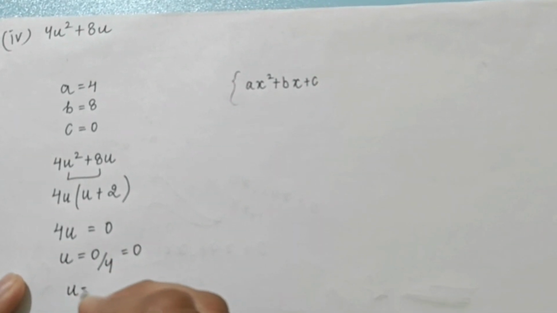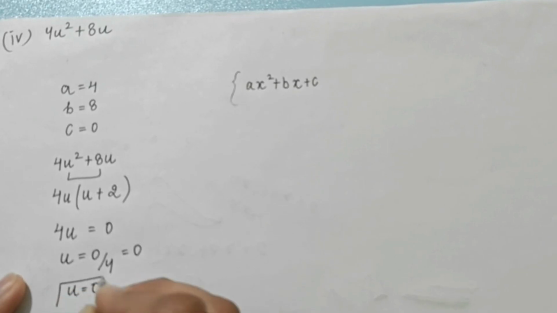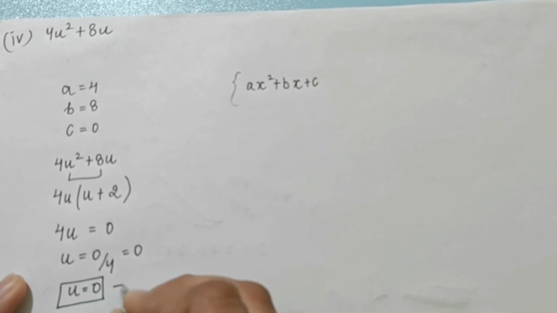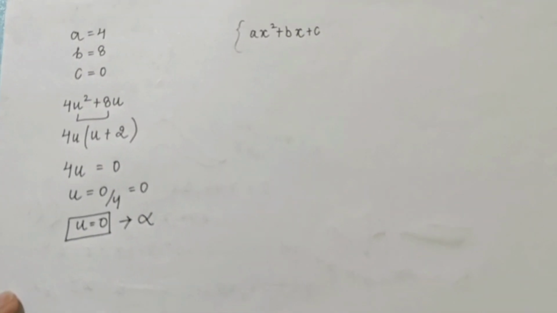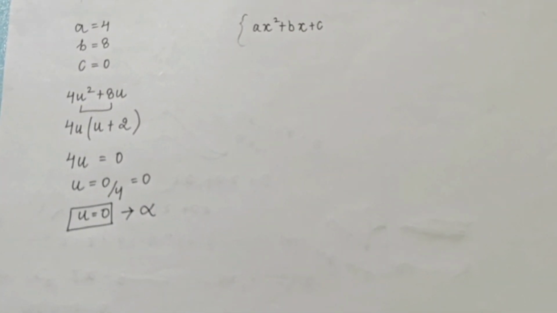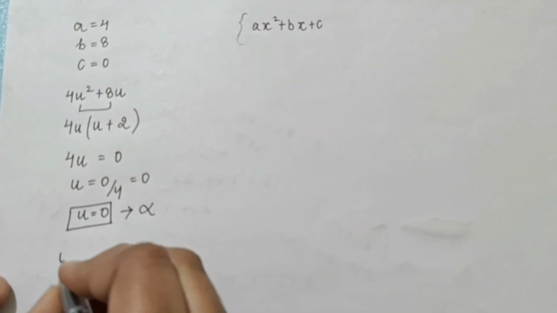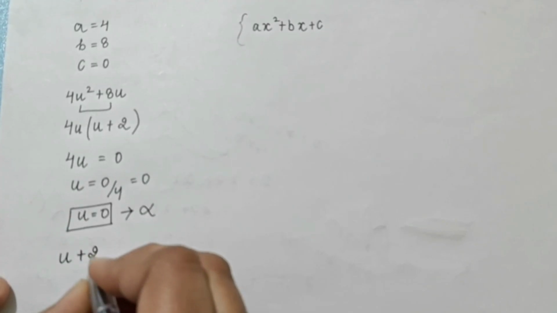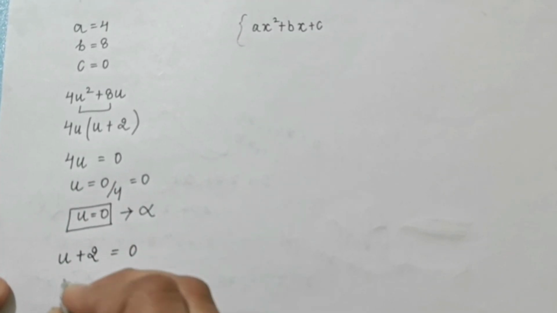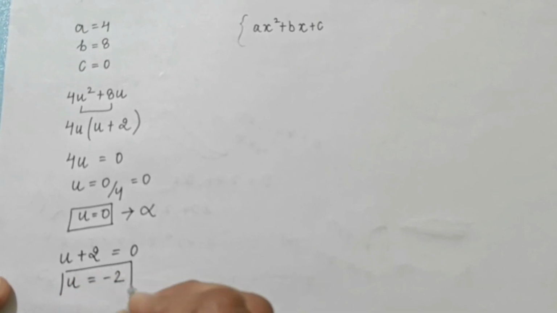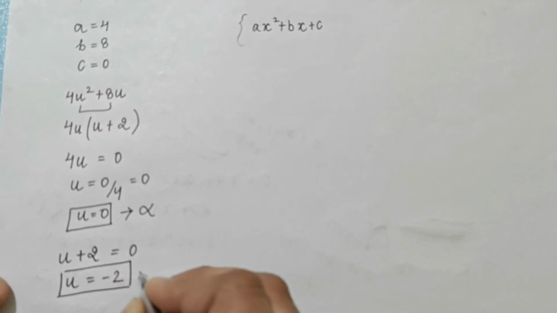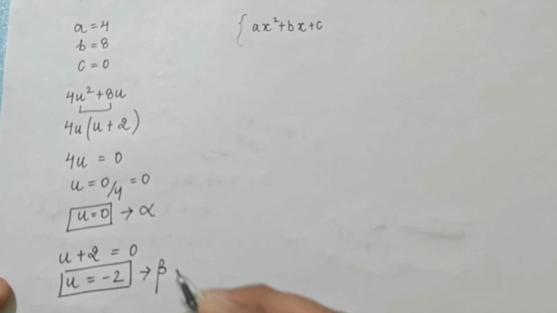We have now u is equal to 0, which is our first zero, which we call alpha. Okay, let's calculate the other zero now. We put u plus 2 is equal to 0, u is equal to minus 2. This is what we call the second zero, that is beta.